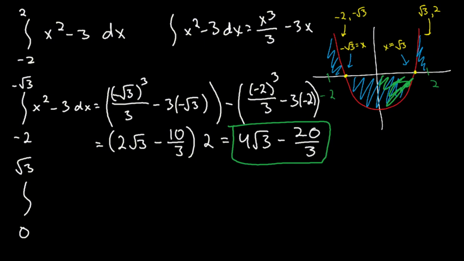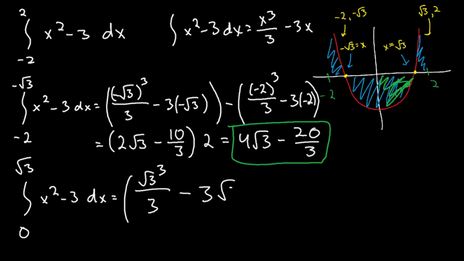So if we plug in our integrand and then fill out our numbers for our antiderivative, we get square root of 3 cubed over 3, minus 3 square root of 3. And if we plug in 0 to anything here, it all just cancels out, so we don't need to care about the 0.